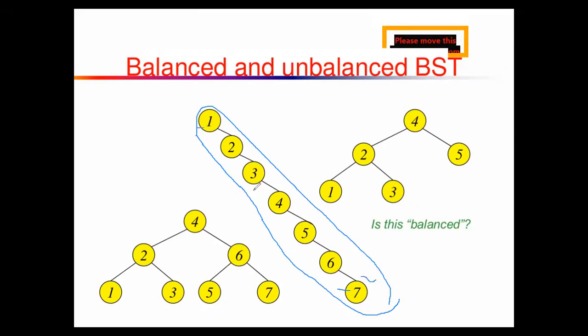The total number of elements is 7, so the time complexity is also big O of 7. I'm just searching the right side only. So if n elements are stored in a right skewed binary search tree, the time complexity required is big O of n.